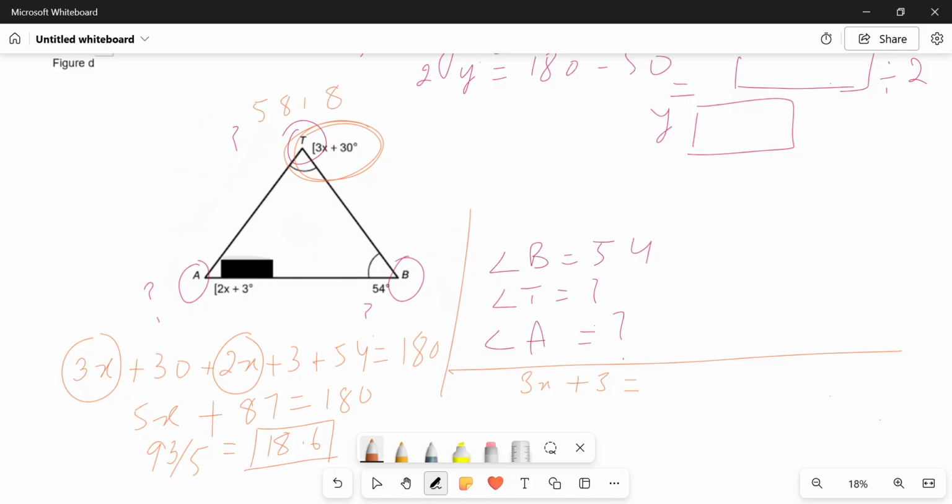Same thing you need to do with the 2x plus 3 here.